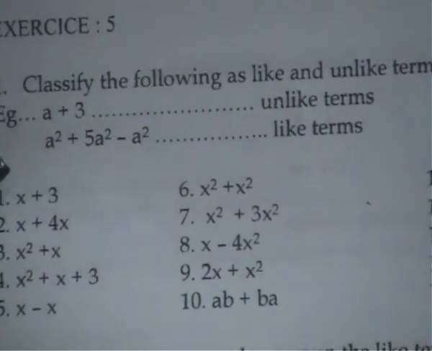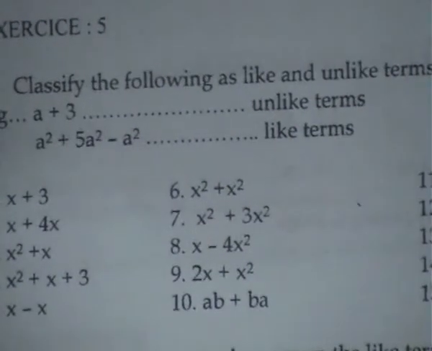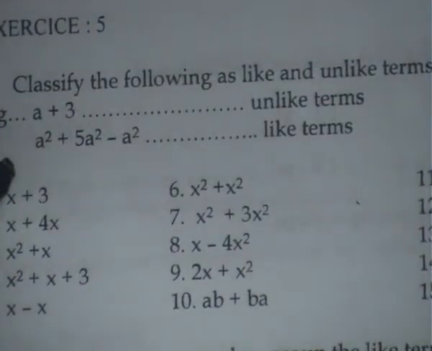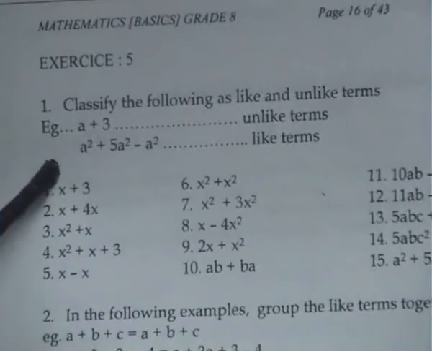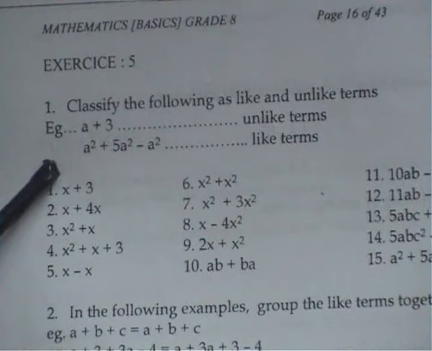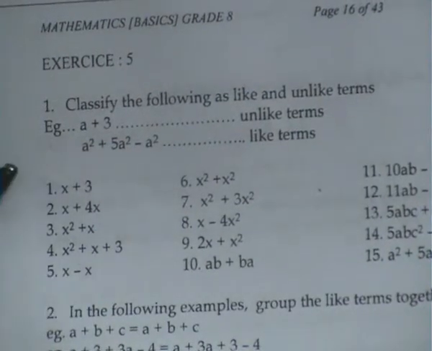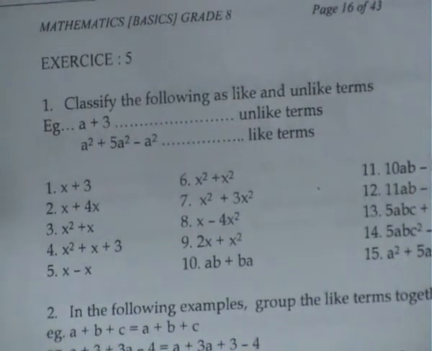If you are given an example like a squared plus 5a squared minus a squared, then the powers are all the same, a squared, a squared, a squared. Therefore, the answer is like terms. Alright, so you will have to do this exercise now.